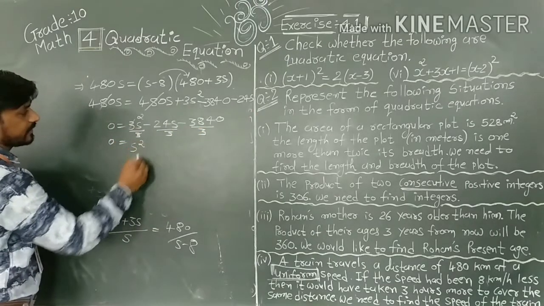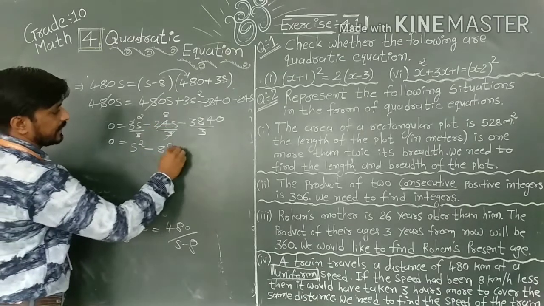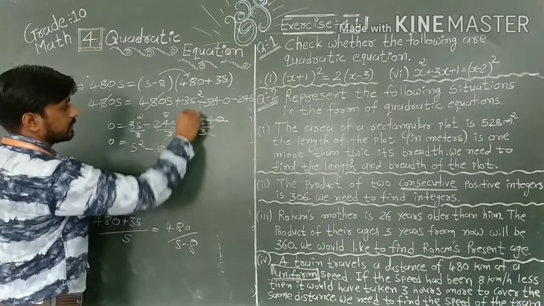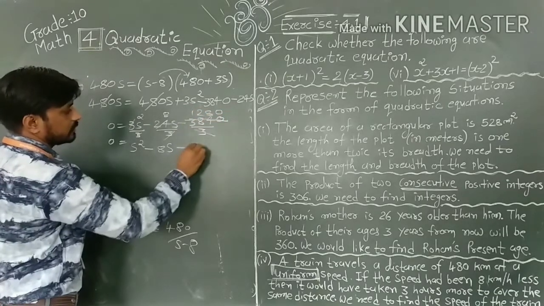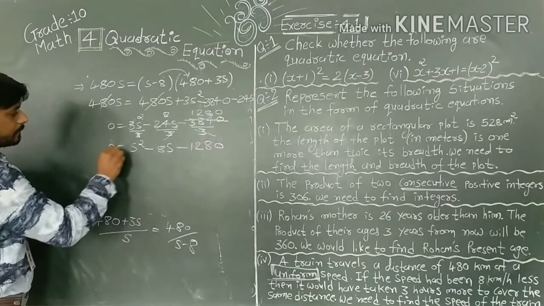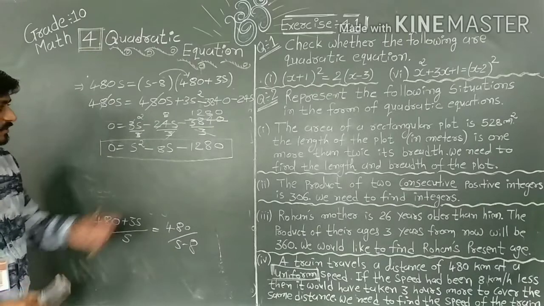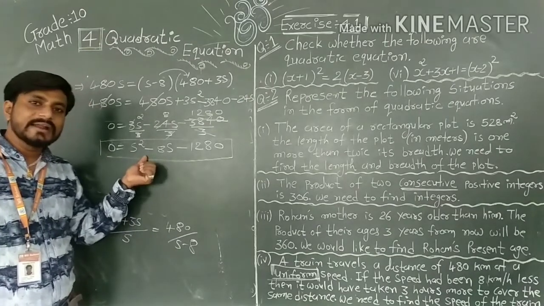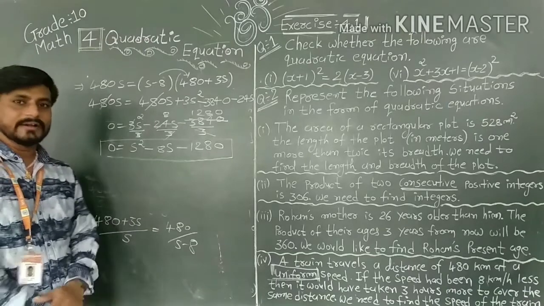We have s square minus 8s and minus 1280. Yes, 0 is equal to s square minus 8s minus 1280. This is a quadratic equation. Okay, I hope you all have understood.